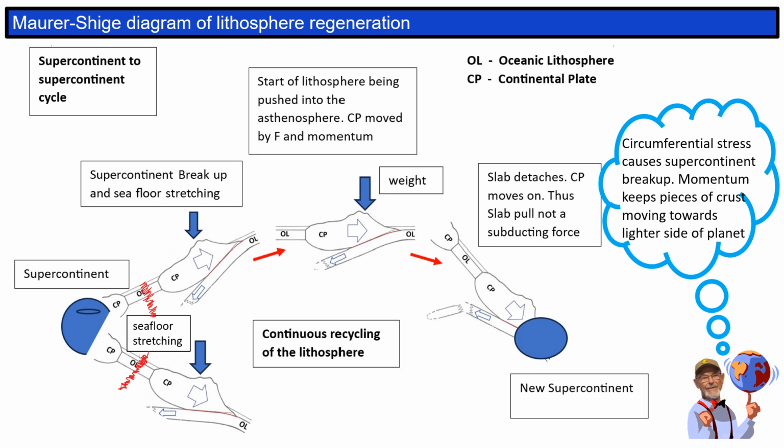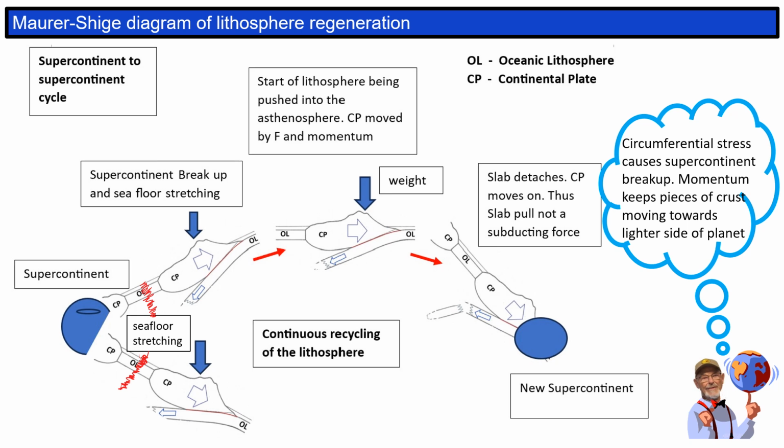In place of the Wilson cycle, he proposes his own cycle. The Maurer diagram of lithosphere regeneration is presented here. You have a supercontinent cycle, basically, where the supercontinents break due to circumferential stresses, and the pieces of continent fly off in all directions.